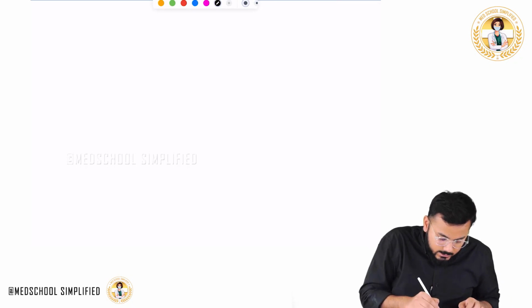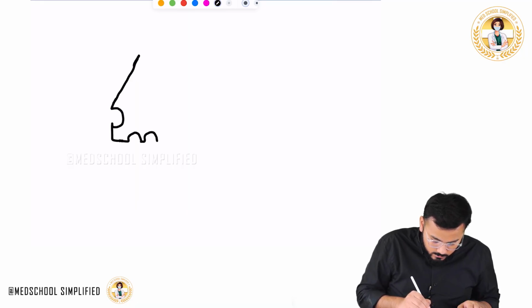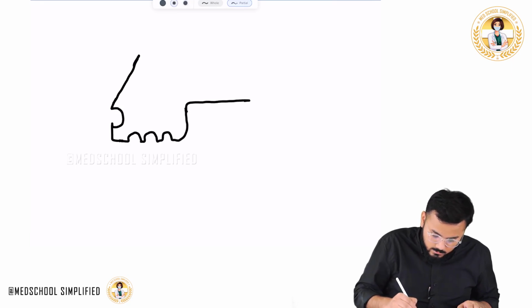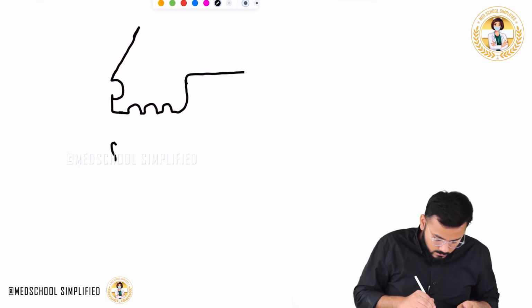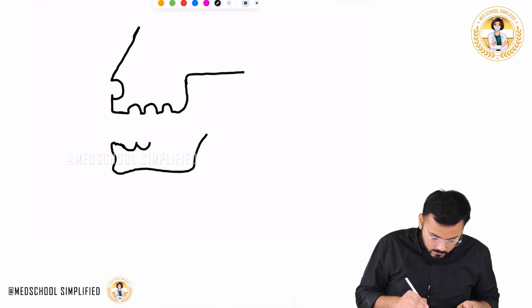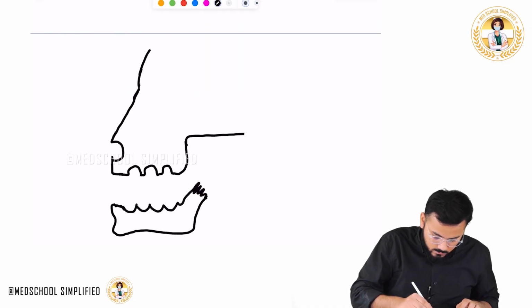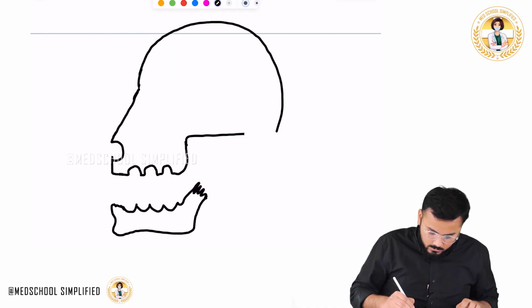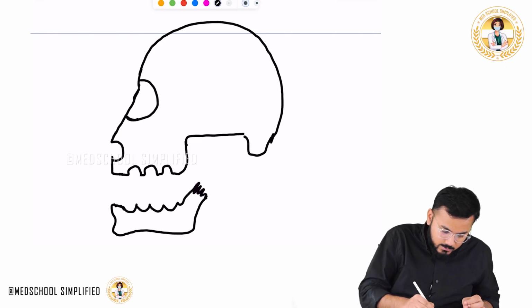For example, let us draw the skeletal surface like this. Right, so just ignore this picture. This is just a rough picture which I am drawing right now.